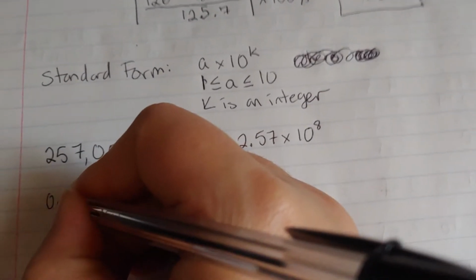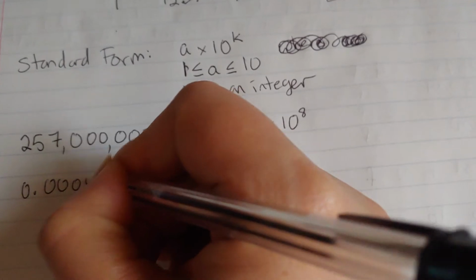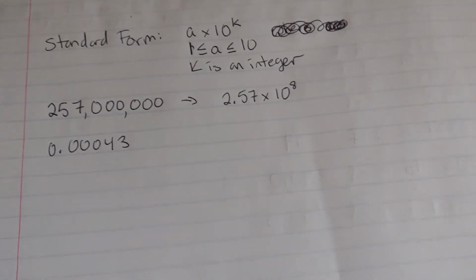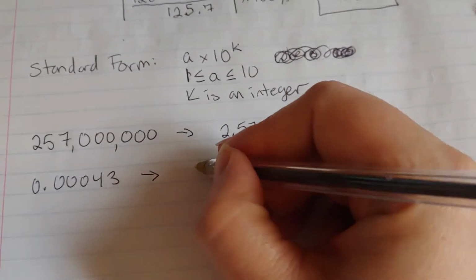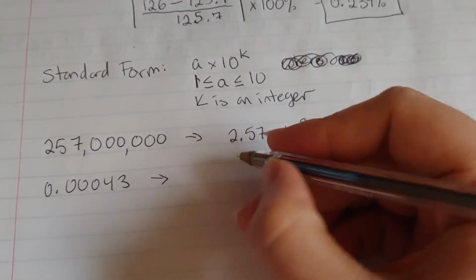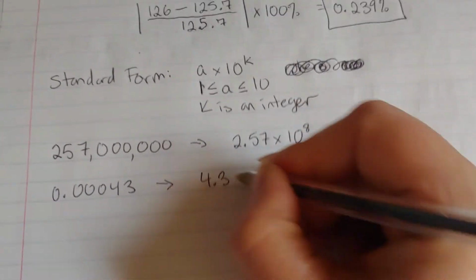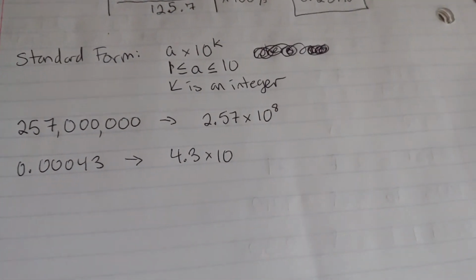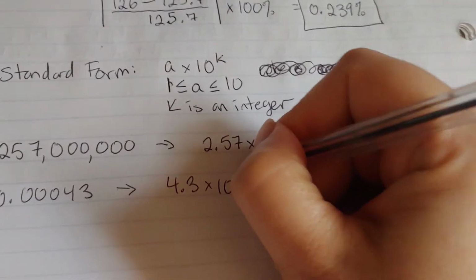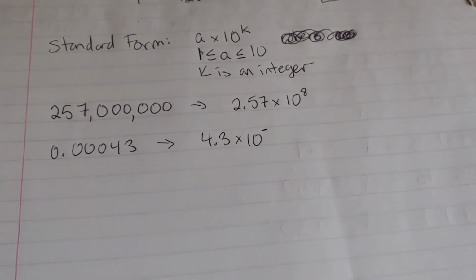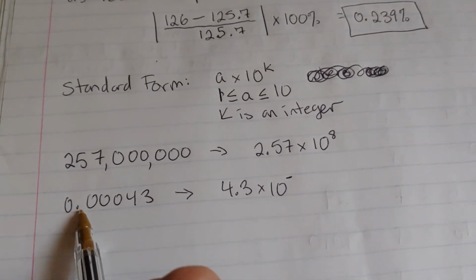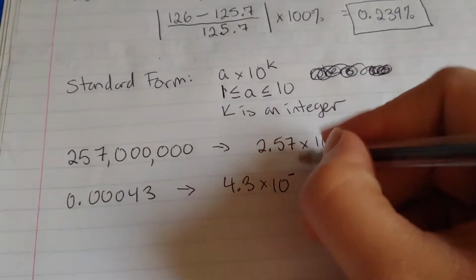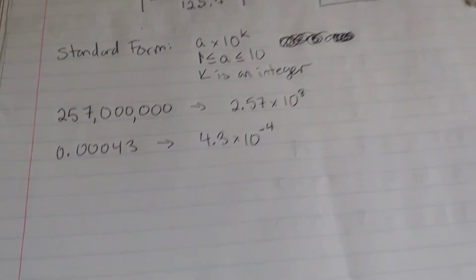Well, if I was doing this one in standard form, again, A must be between 1 and 10. So 4.3 times 10, but this time I'm not multiplying by 10, I'm multiplying by 1/10. So this is going to be a negative number here. Remember, integers can be negative. And that would move 1, 2, 3, 4 spaces.